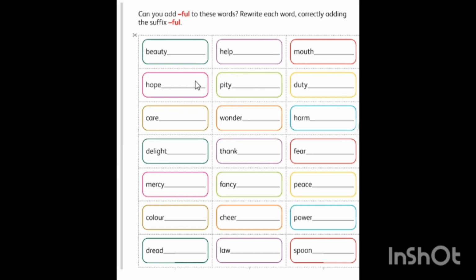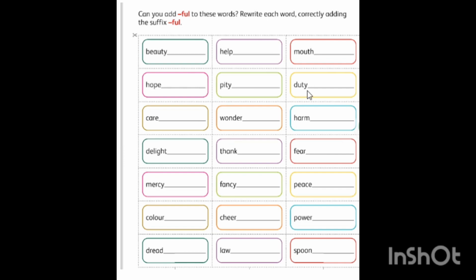Mouth. Hope is a verb. Pity is a noun. It means when you feel sorry for someone. So we want to put full, but you must understand that it ends with Y. What did I say a few minutes ago? Try to see this video again to know the rule for this. Duty. You have a duty for someone, it means you have homework to do for him.